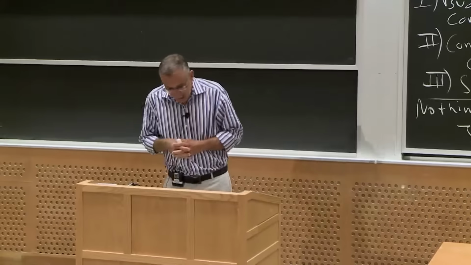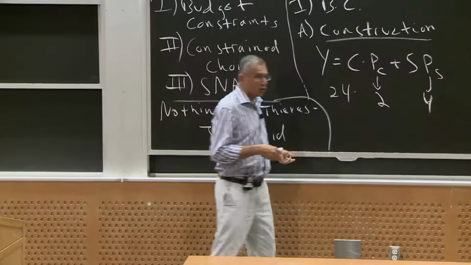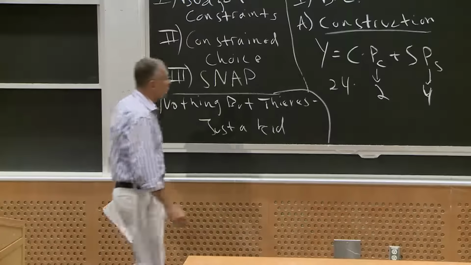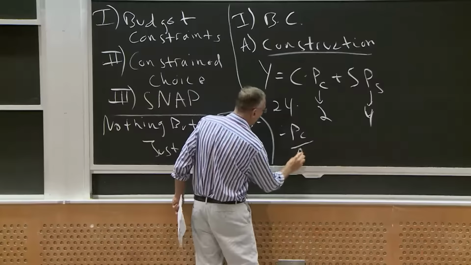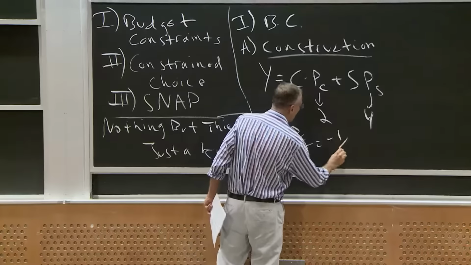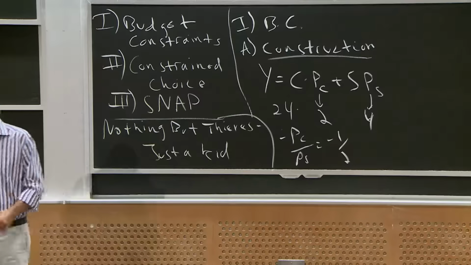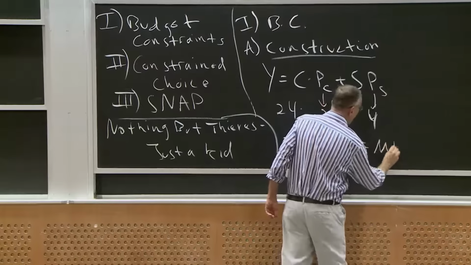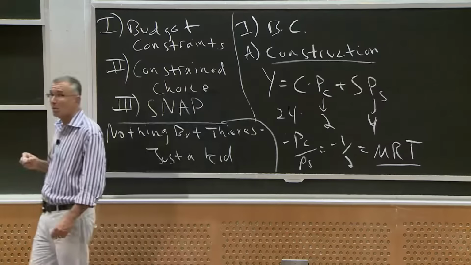Now, what this means is the slope of the budget constraint in this example is minus 1/2. So minus the price of cookies over the price of a slice of pizza is minus 1/2. That's the slope of the budget constraint. And we're going to call this the marginal rate of transformation. Remember, last time we had the marginal rate of substitution?